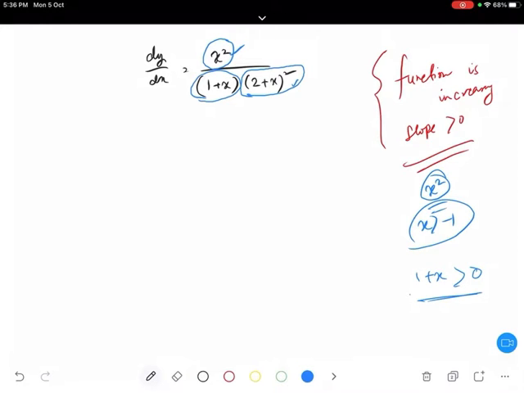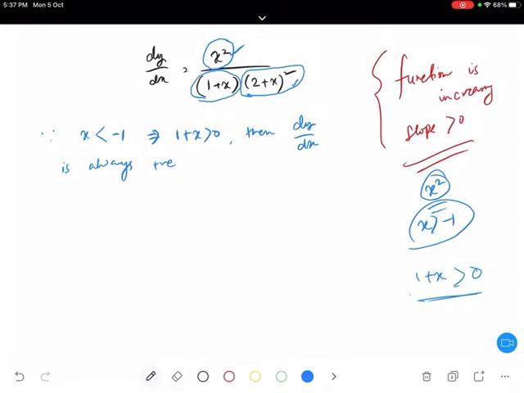Please tell me, guys, yes or no? Write down: since x is greater than minus 1 implies 1 plus x is greater than 0, then dy dx is always positive, right?